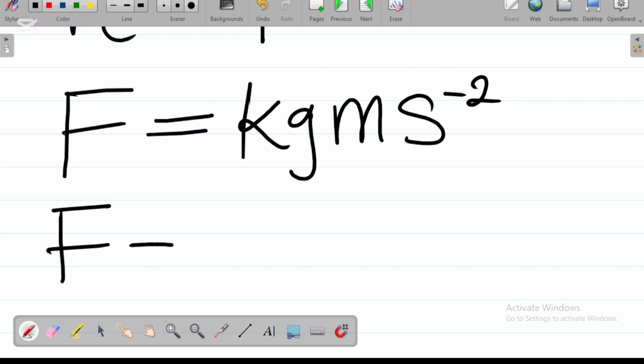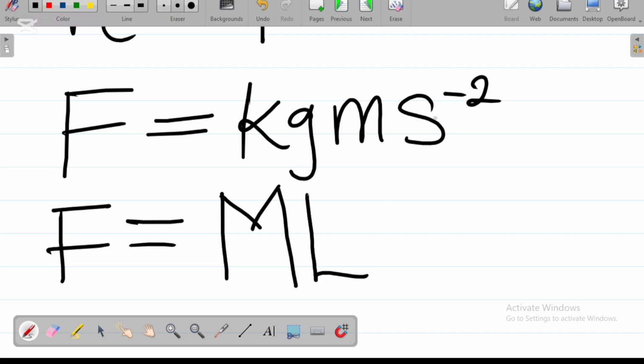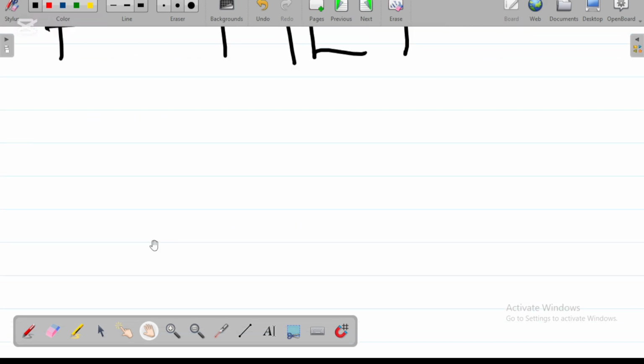So F is equal to kilogram, which is the unit of mass, so we have capital letter M. Meter is the unit of length, so we have capital letter L. Seconds is the unit of time, so we have capital letter T, and then raised to the power negative 2. So this is the dimension of F, force. So what's the next one? Let's check.